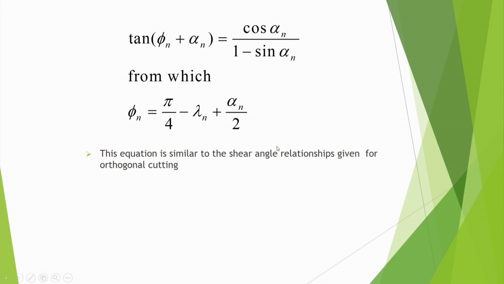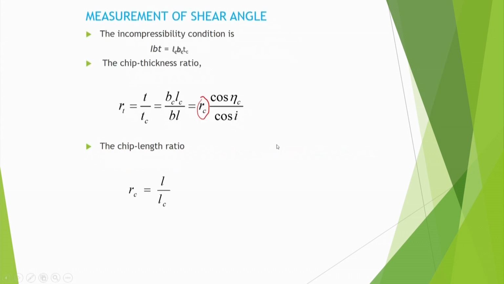So this much I have told about this one, and I will now go back and draw your attention. If you want to really understand the derivation properly, you have to understand each and everything very slowly.